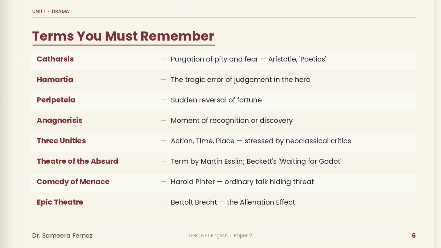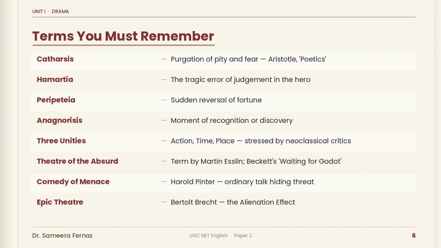Now the terms. Catharsis means purgation of pity and fear, a term from Aristotle's Poetics. Hamartia is a tragic error of judgment in the hero. Peripeteia is a sudden reversal of fortune, and anagnorisis is the moment of recognition.